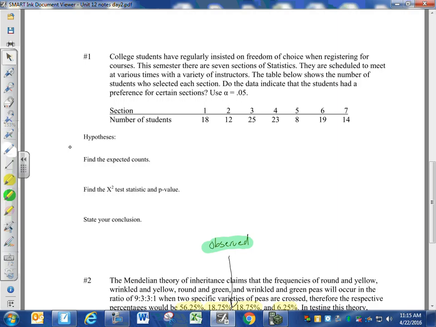Stat test alpha D. For the last one, this one, 32. It shouldn't be 347.5. This is 556 times 0.0625. You should get 34.75.